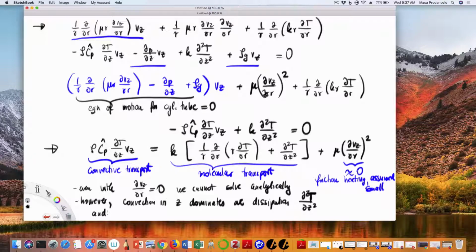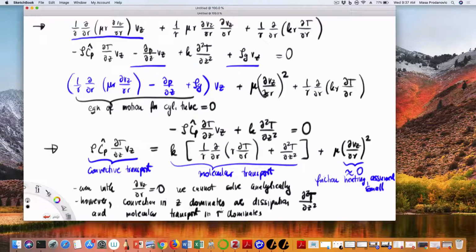And molecular transport in r dominates in r. Good luck reading that. Not even I can. I'm like, what did I write?